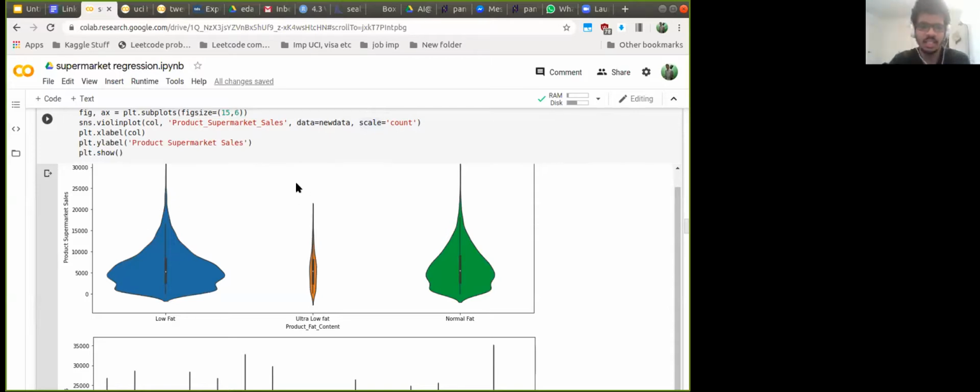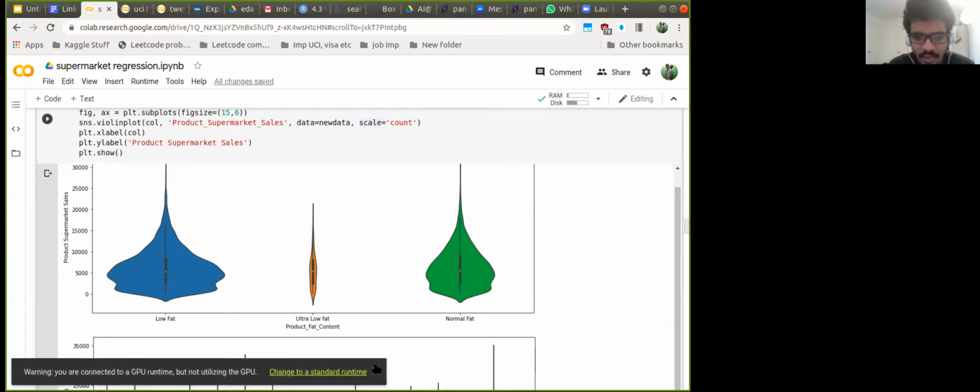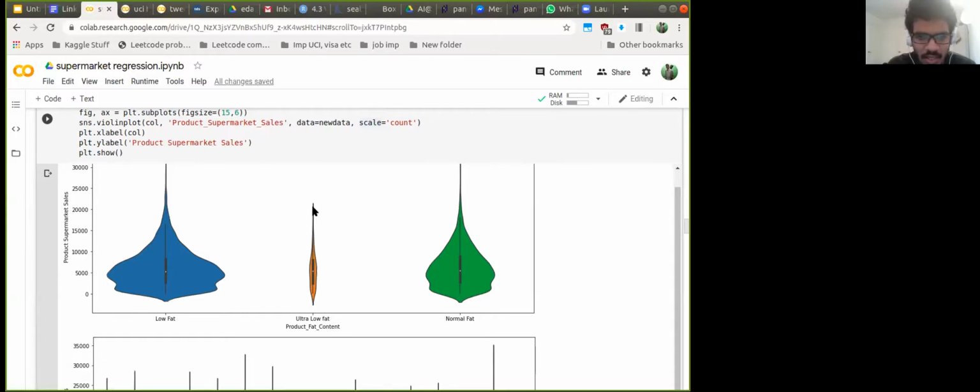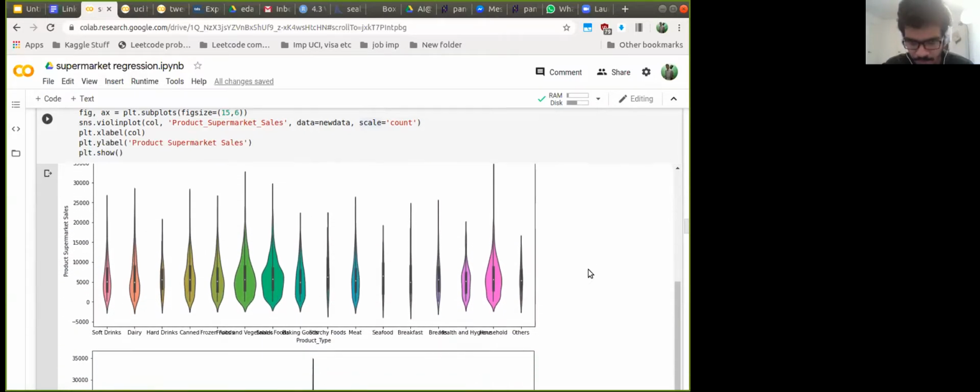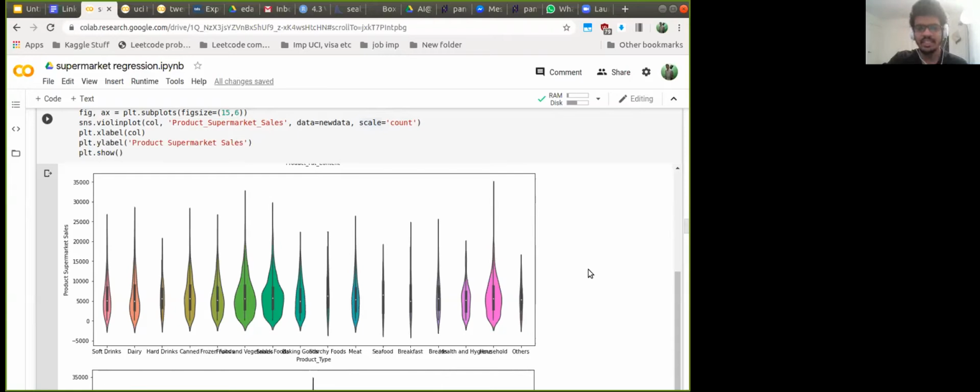So as you could see earlier, the ultra low fat has low frequency, and even the variance is quite low for the supermarket sales. Anyways, what we can try to glean from these plots is to get those categories which are kind of dominant.